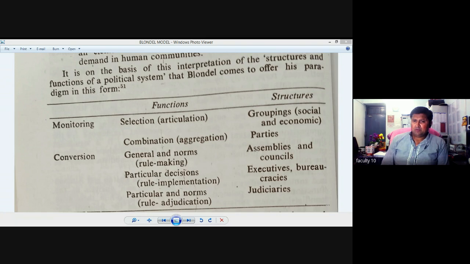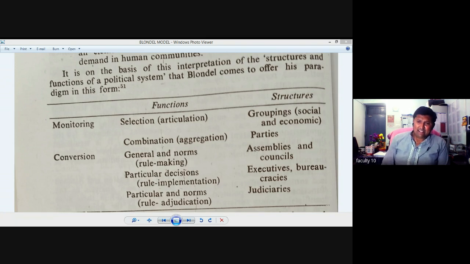And Blondel's analysis of political system is also part of, or you can see the Blondel model in, the Almond model of political system.